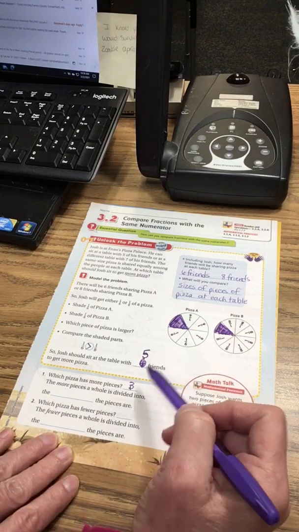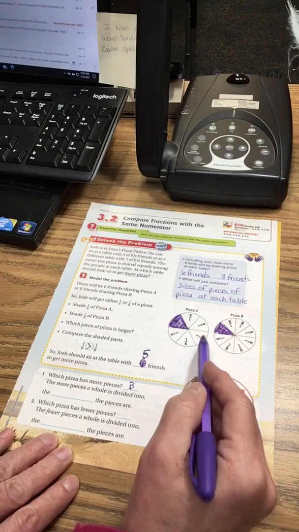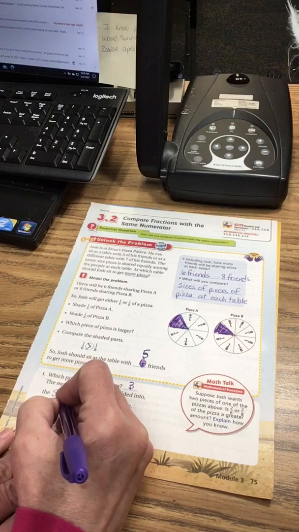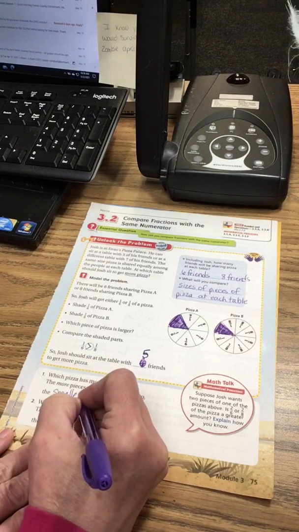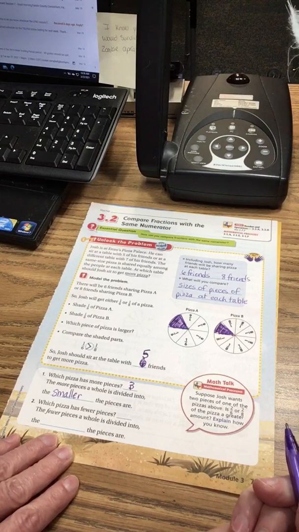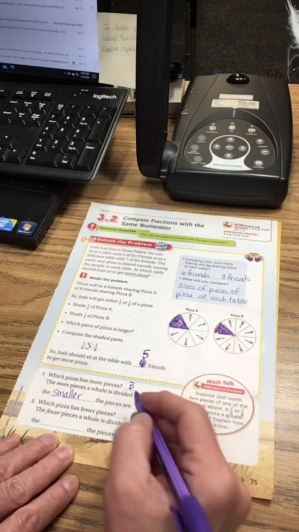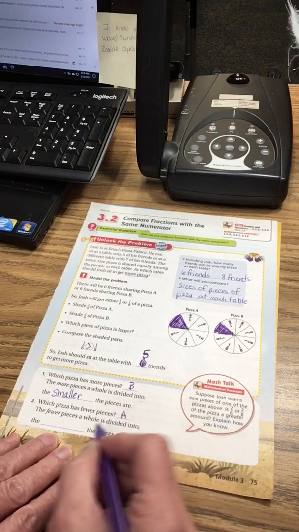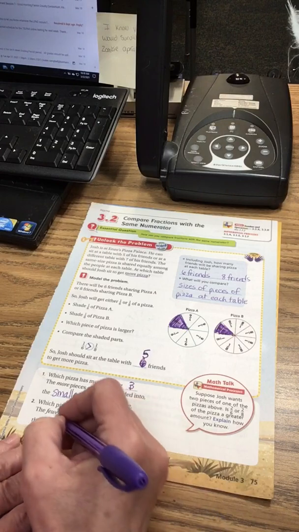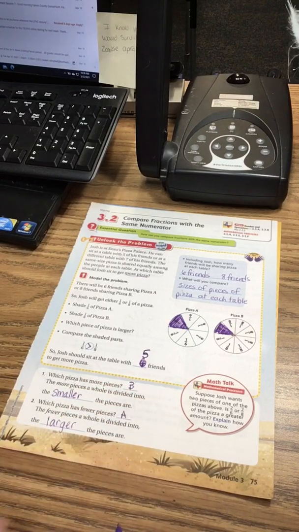So the more pieces, is that smaller or larger than the fewer pieces? Right, it is smaller. The more pieces it is cut into, the smaller the pieces. Which pizza has fewer pieces? Pizza A has fewer. The fewer pieces that a whole is divided into, the larger the pieces are.